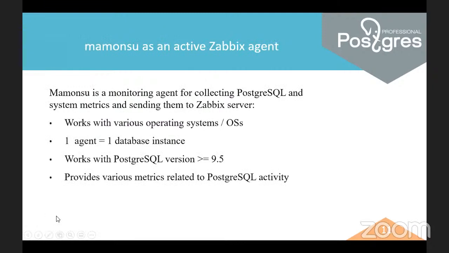The next thing I would like to tell you about is Mamonsu, an active Zabbix agent, which means that it connects to Zabbix and passes it a set of metrics in a way that Zabbix can understand. Mamonsu was also designed at Postgres Professional, and it allows the following.